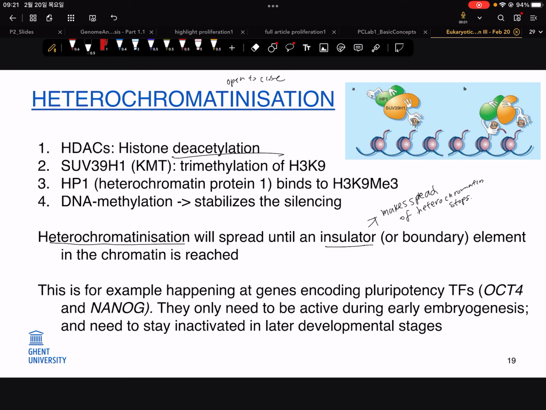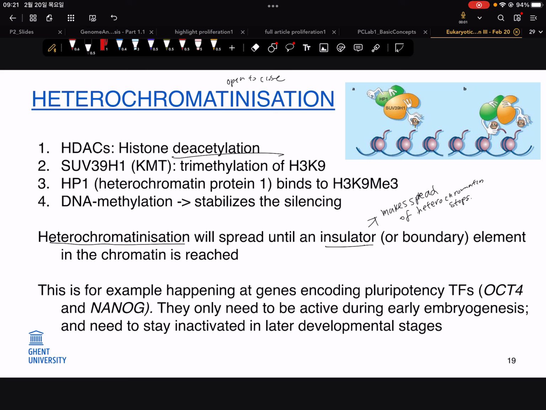Then they are needed, but when they are not needed anymore, they need to be silenced, so that later in our development the pluripotency is of course not active anymore. So they are in heterochromatin state in most cells of our body, not pluripotent, of course. But during embryogenesis only, they are in euchromatin state, and then they're heterochromatinized when they are not needed anymore in later developmental stages. And that involves all these steps that I described here.